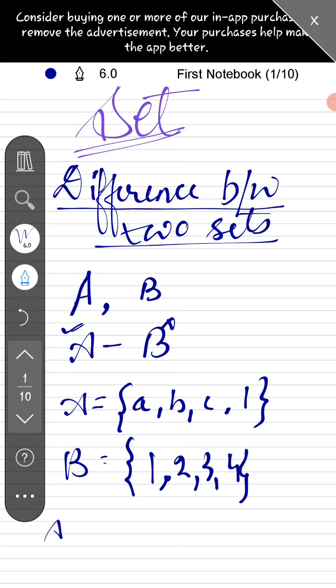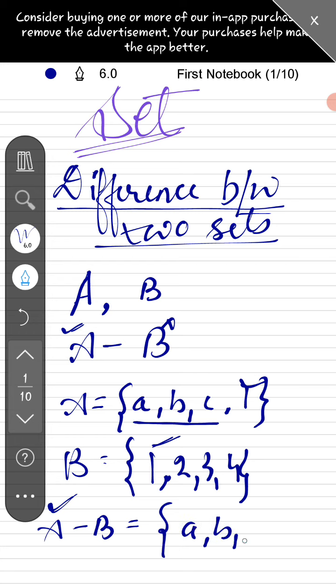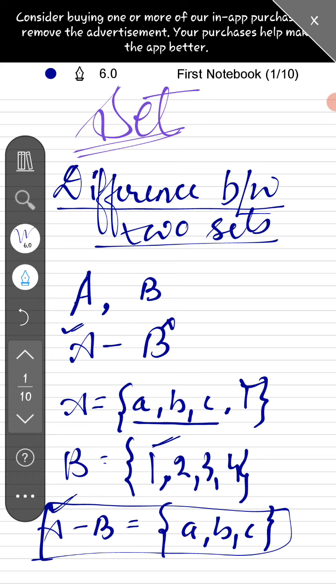If I want A minus B, then it will give me all the elements of A which are not present in B. So we have to match all of them. a, b and c are not in B, but 1 is present in B. So we are not going to write 1, we just write a, b and c. That's it. It is done.